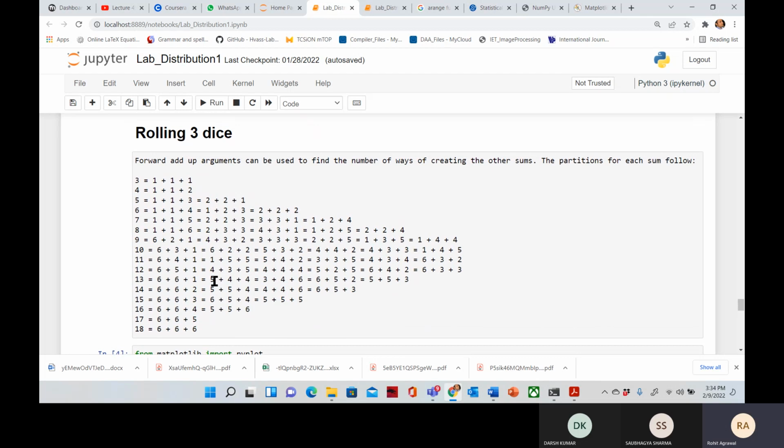Okay, so are you able to find the probability of these sums?